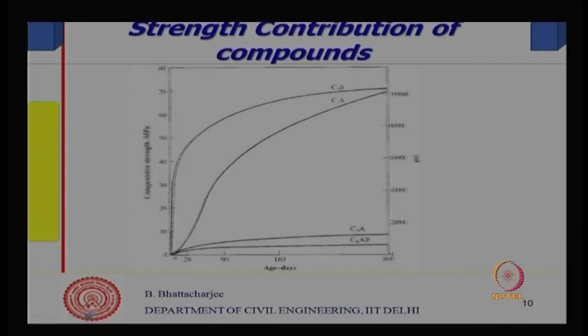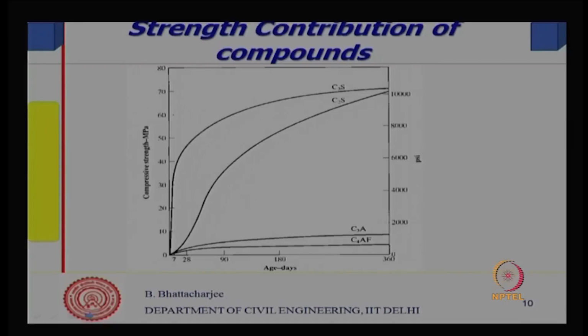Another important aspect is strength contribution. So, we have seen that actually C3S hydration takes place in the beginning when we earlier looked into the various phases or various products that are formed with time.